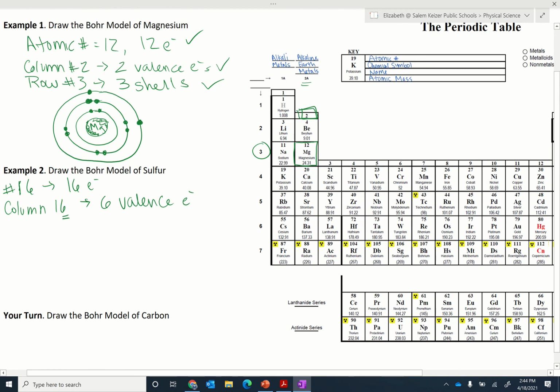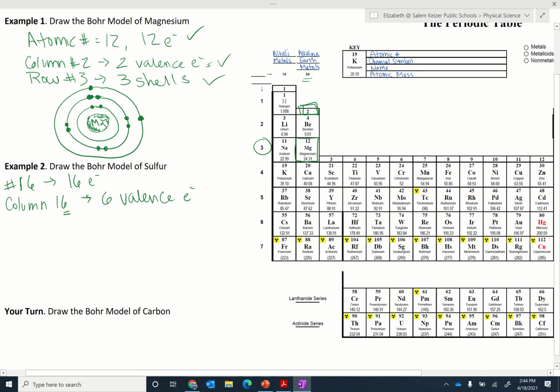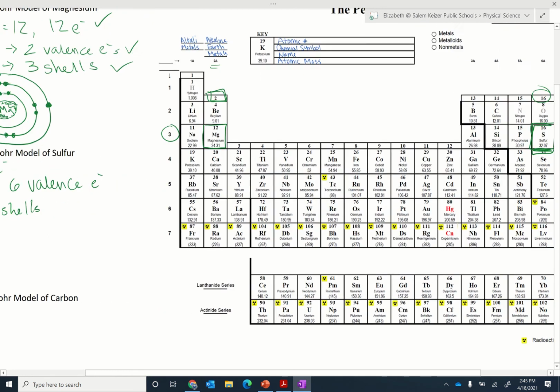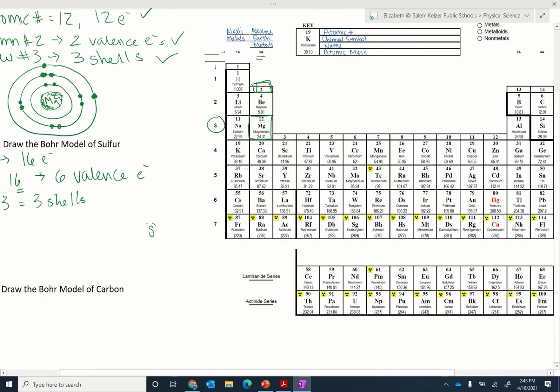Okay, and then I'm in row 3 again. Sulfur is in row 3, and row 3 equals 3 shells. So let's draw my sulfur, and my chemical symbol is an S. I'm going to draw an S in my nucleus and shade it in. Then I have 1, 2, 3 shells, and that got kind of messy, didn't it?